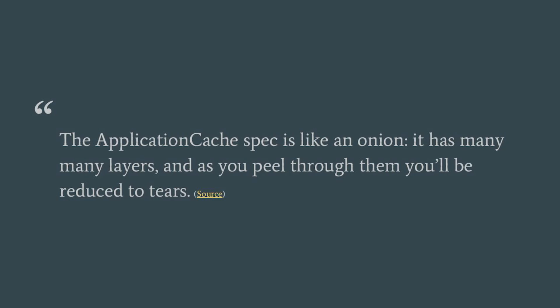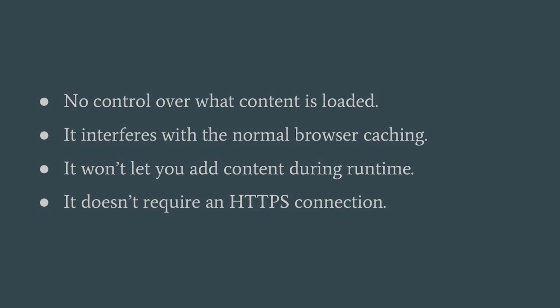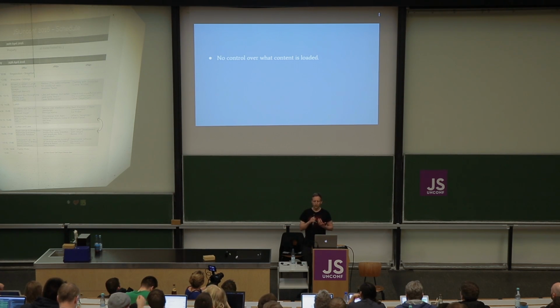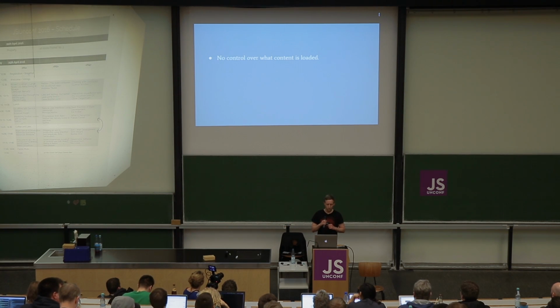But I have this quote by Jake Archibald. He wrote in an article, the application cache spec is like an onion. It has many, many layers, and as you peel through them, you'll be reduced to tears, which sounds harsh, actually. Why is that? Well, first of all, you have no control over what content is loaded with the application cache. The application cache will always serve the cached content, even if there's a fresh version.